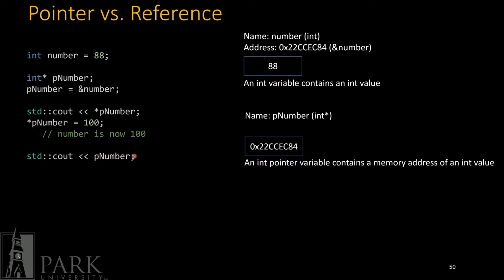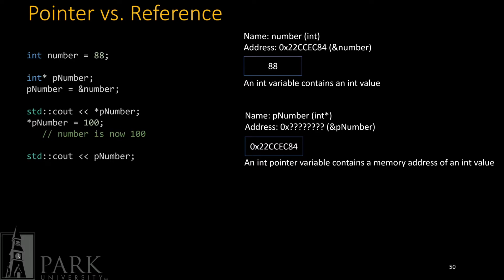Well, technically the address is the value, but if you wanted the value of the variable that it points to, then you dereference it. So again, it's kind of confusing. Dereferencing here means we're assigning the value to the variable at the address that it points to, right?